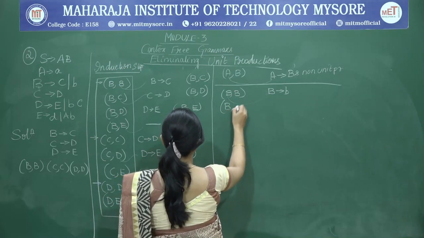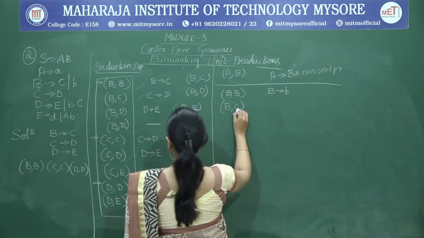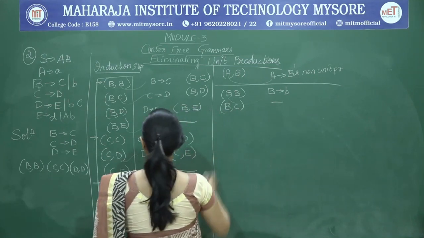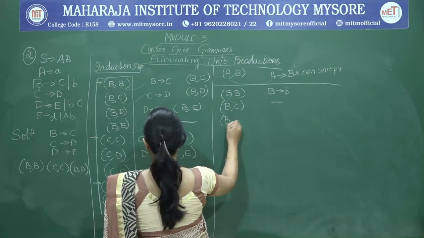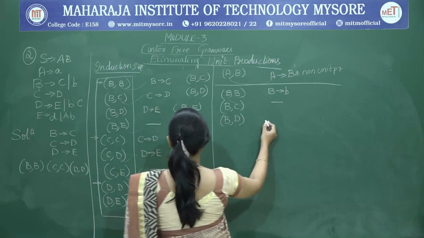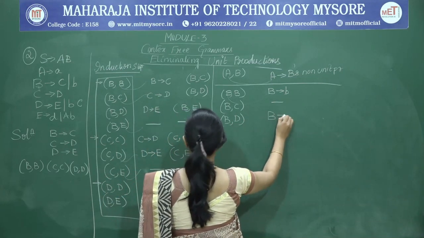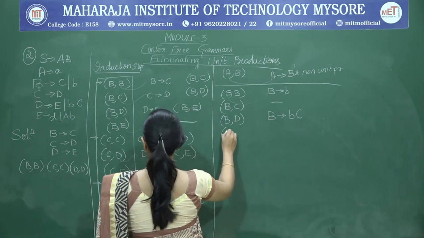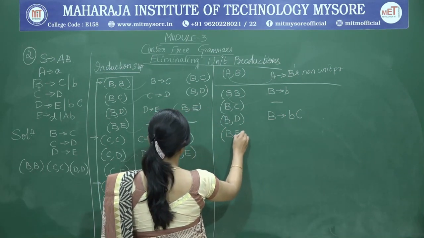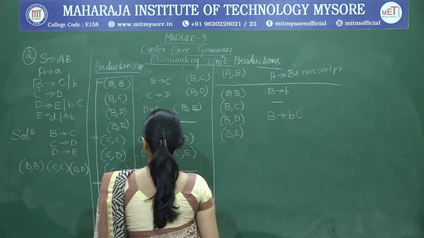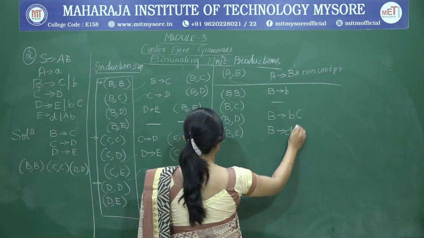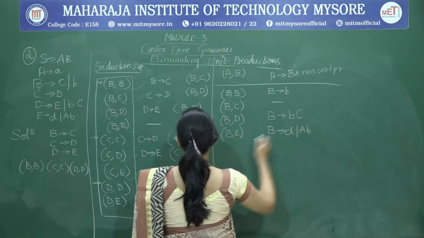Next is B comma C. C has no non-unit production, so we do not write anything. Next, B comma D, and D's non-unit production gives B goes to BC. Next we have B comma E. For B comma E, E's non-unit productions are D and AB.